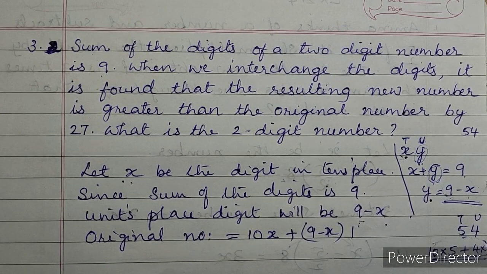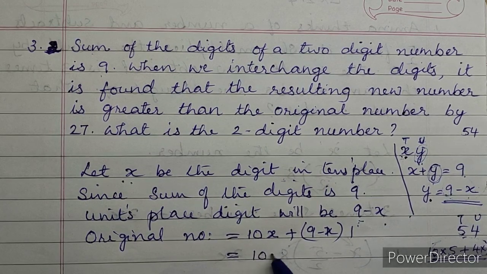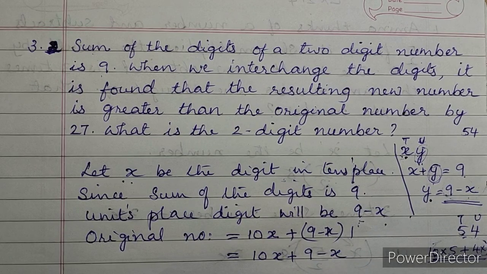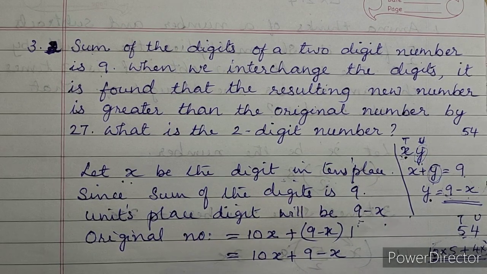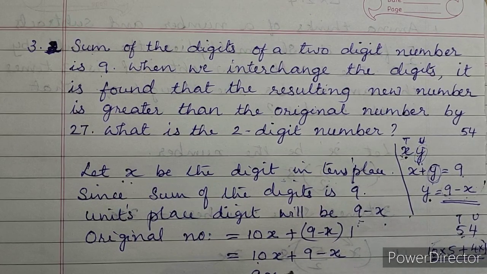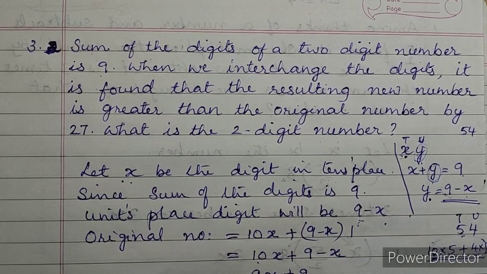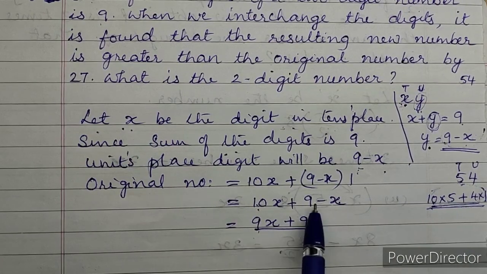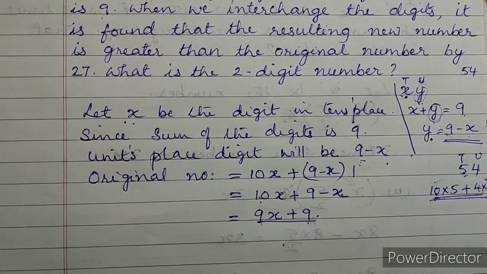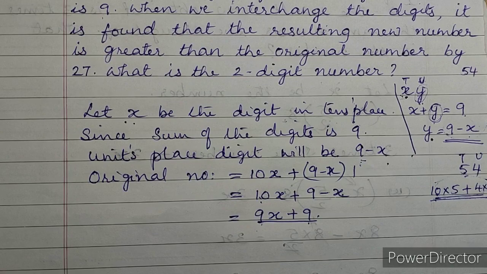That you can write as 9 minus x only. So that is equal to 10x plus 9 minus x. This also you can simplify. 10x minus x is 9x plus 9. So this is the original number. 10x minus x is 9x plus 9. So this is the original number now. Now you got the original number.